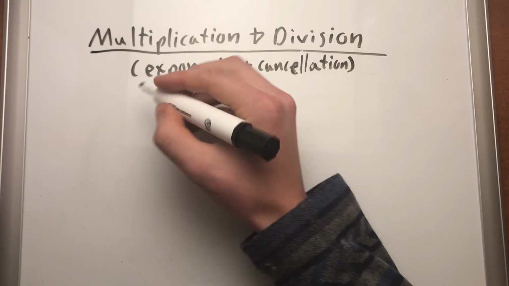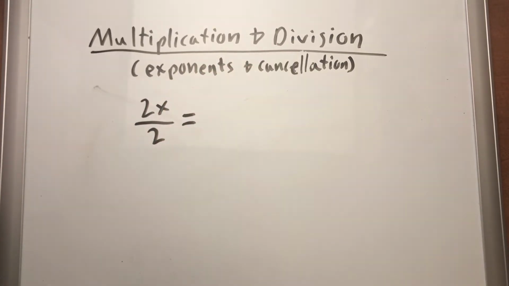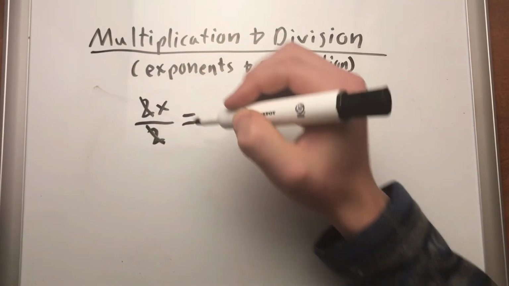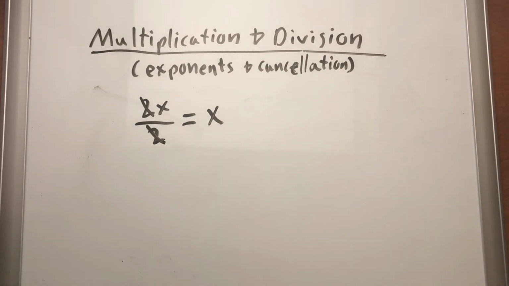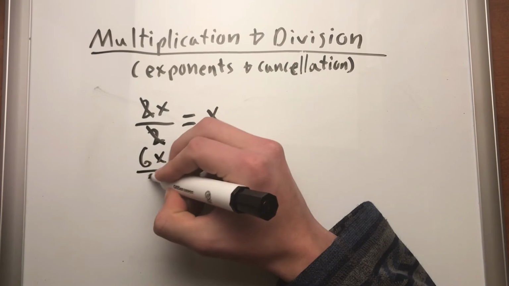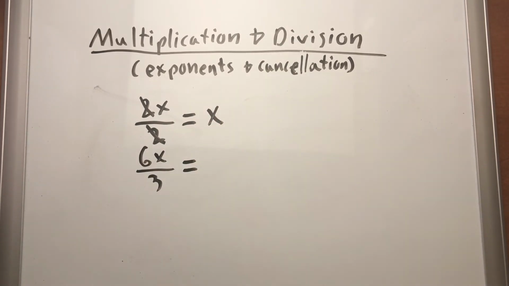Let's try another one. 2x over 2. To simplify this, we just cancel out these two 2's and are just left with x. What about 6x over 3? Can we simplify through cancellation?